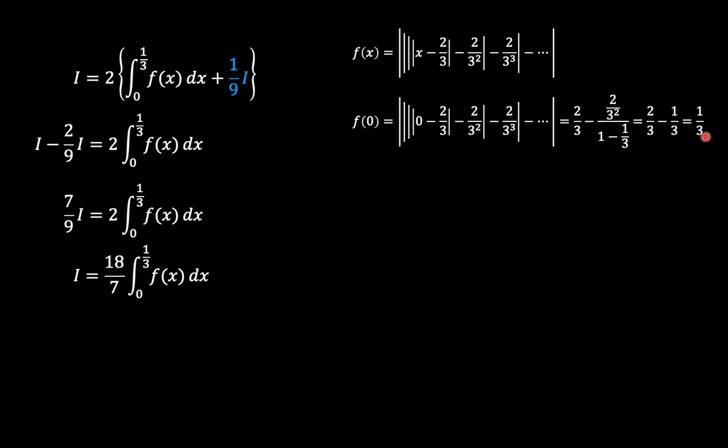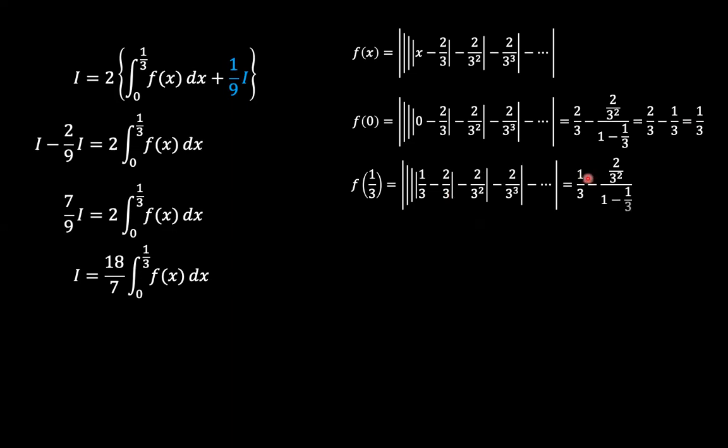So f at 0 is a third. And when x is 1 over 3, 1 over 3 minus 2 over 3 is negative 1 over 3, absolute value positive 1 over 3. And therefore 1 over 3 minus the remaining terms, which is again the same summation, and that is a third minus a third, which is equal to 0.